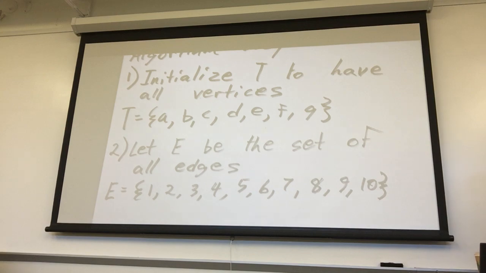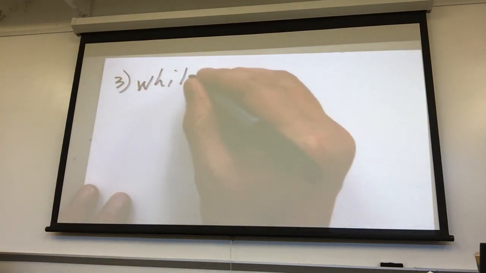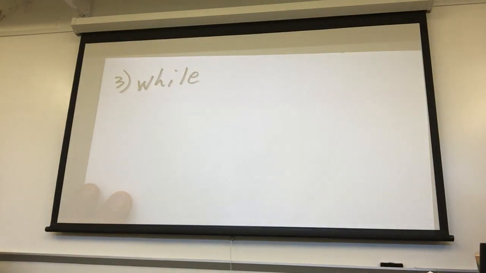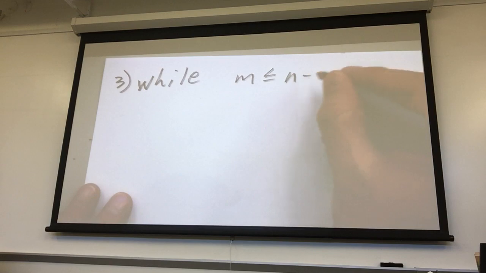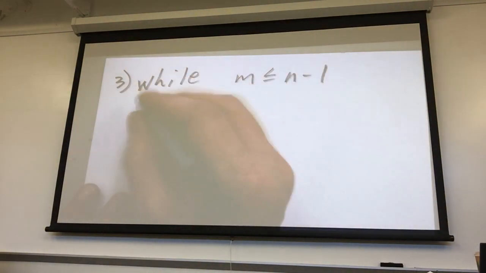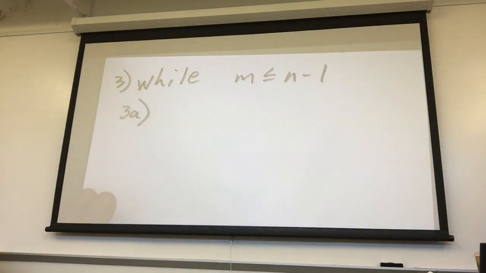Now, this third step of the algorithm states, we're going to run a while loop, and this is going to contain three different things.